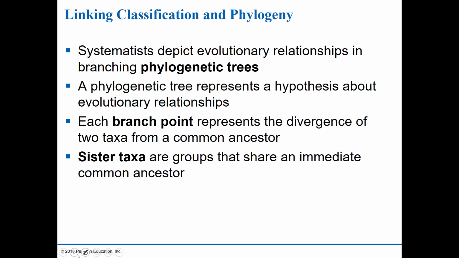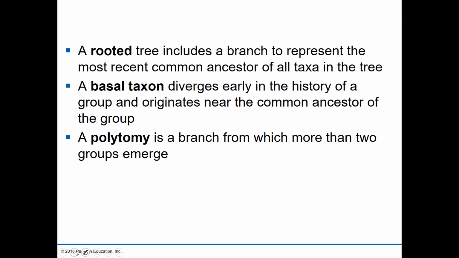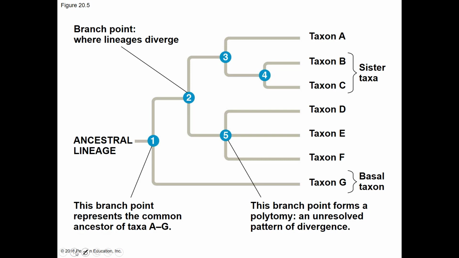Sister taxa are groups that share an immediate common ancestor. So let me go here really quick to talk about those things. Number one would be the branch point. We had a common ancestor, and right here it branched off. It went one way or the other, making two different taxa, or two different groups.